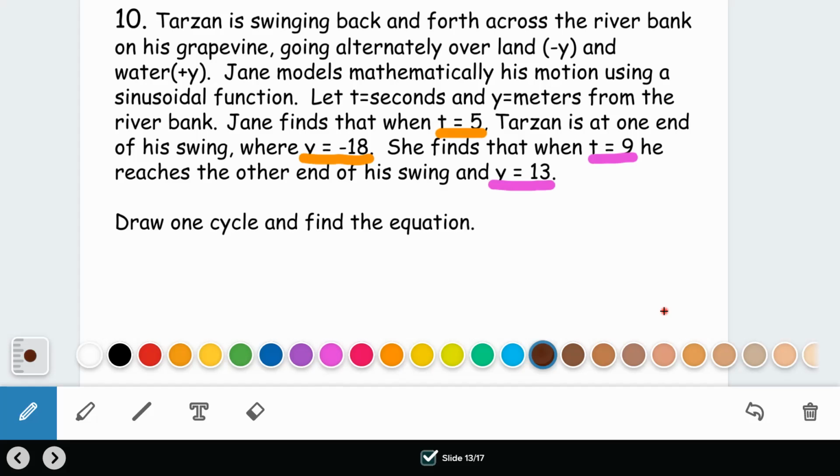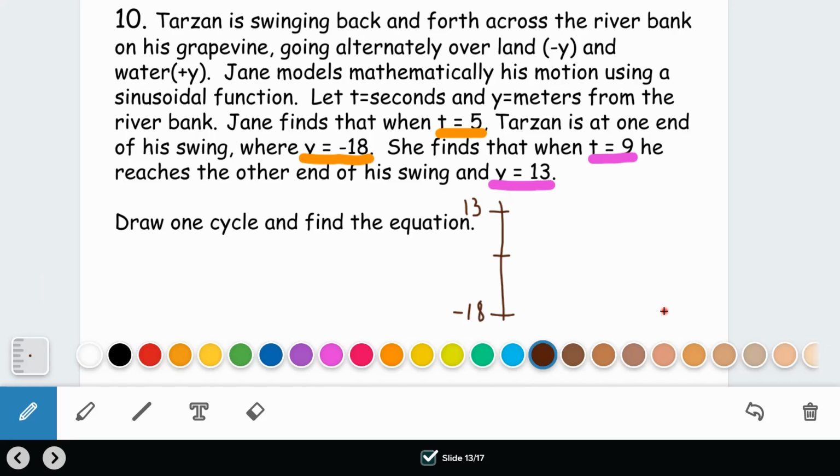So when we are doing this graph, we need to get up to 13. We need to get down to -18. Halfway in between is going to be our vertical shift.